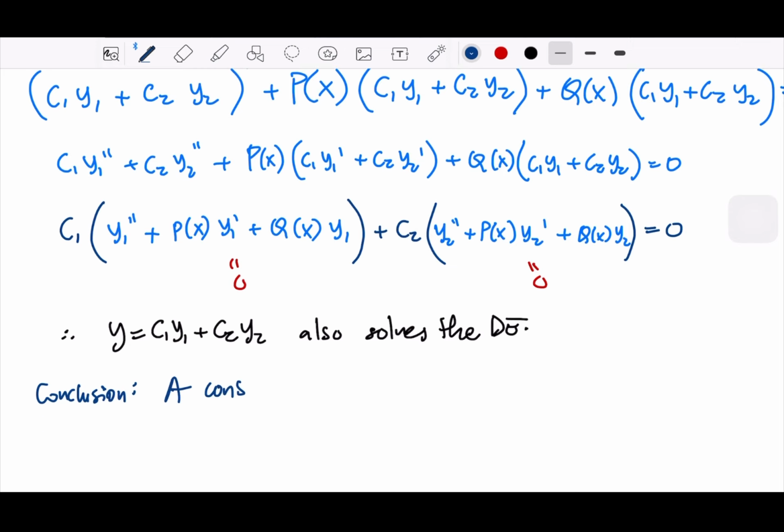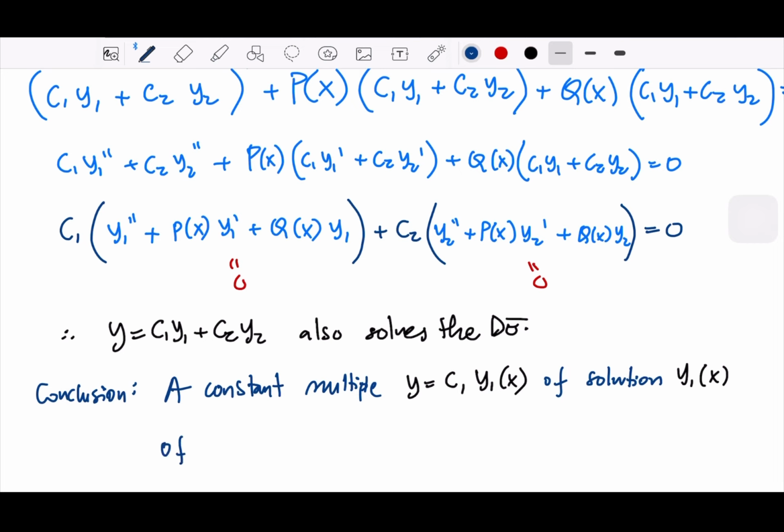A constant multiple y equals c1 y1 of x of a solution y1 of x of a homogeneous linear differential equation is also a solution.